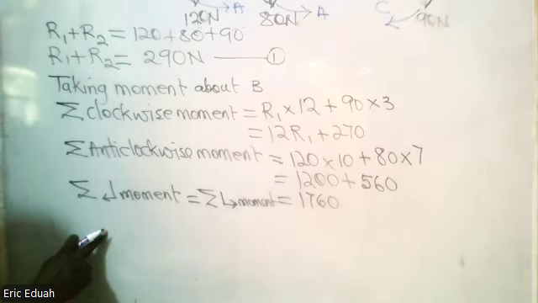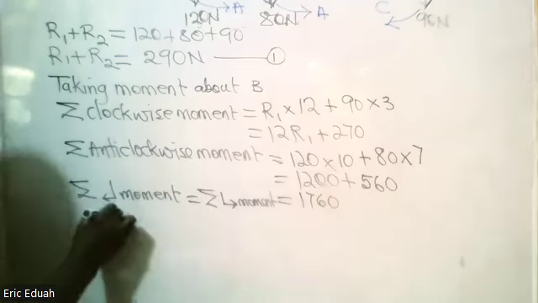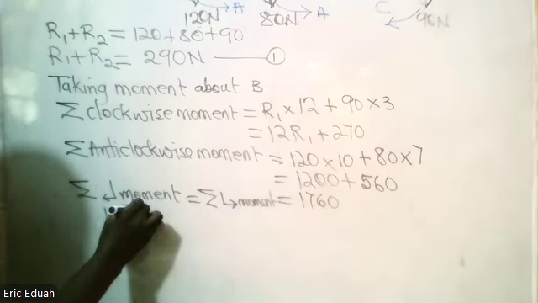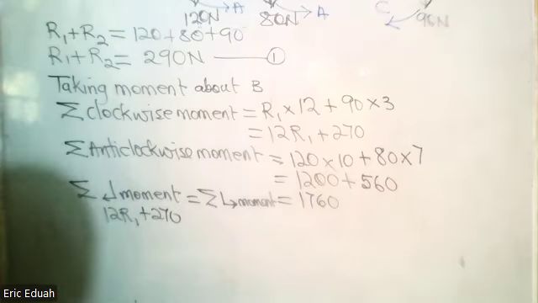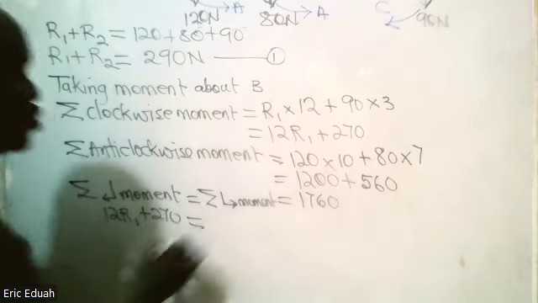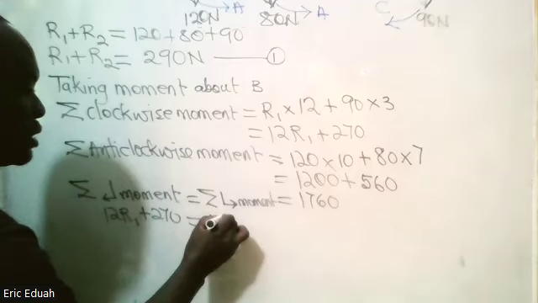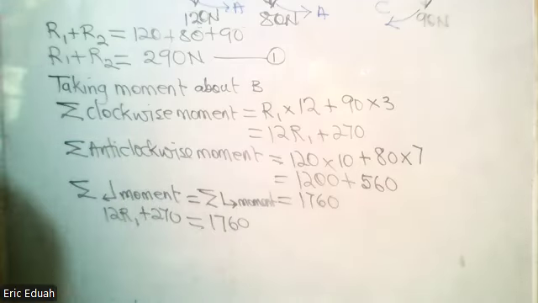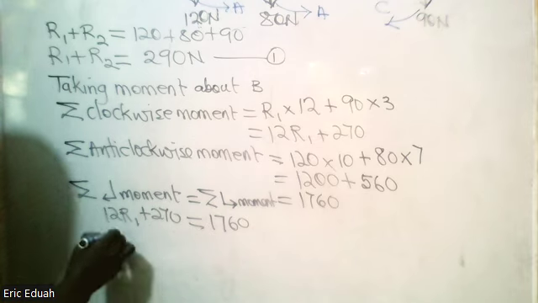What is the sum of clockwise moments? 12R1 plus 270 is equal to 1,760. Then you determine R1.